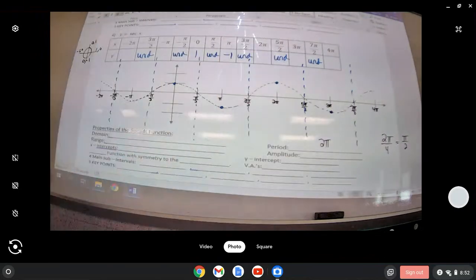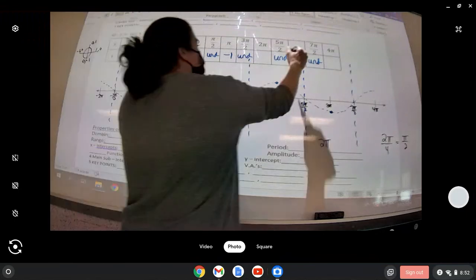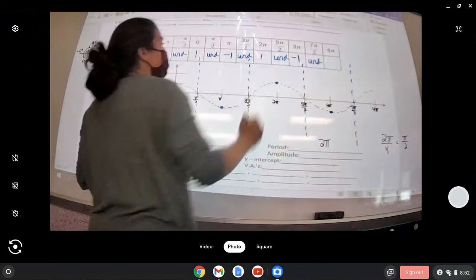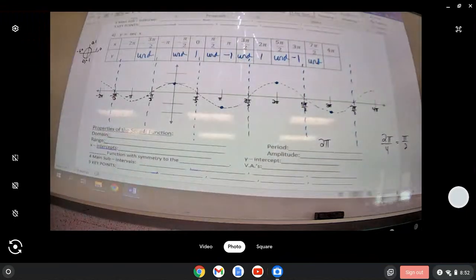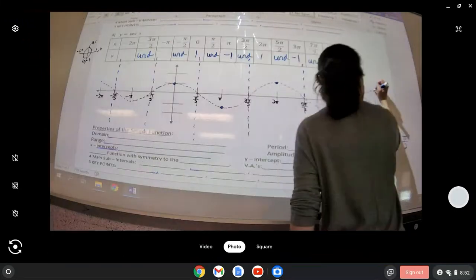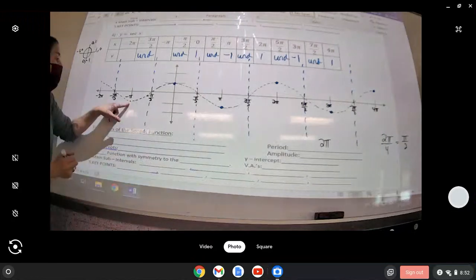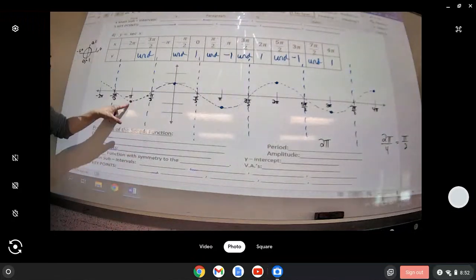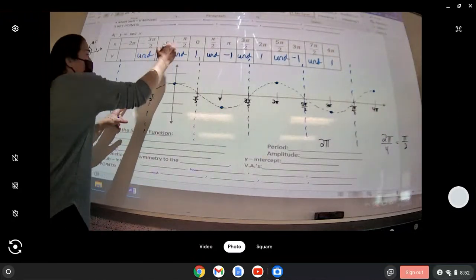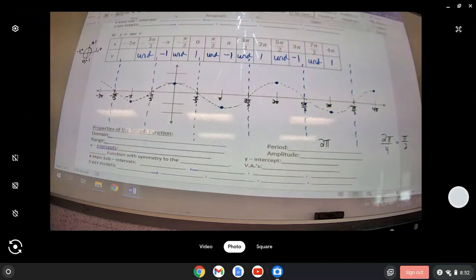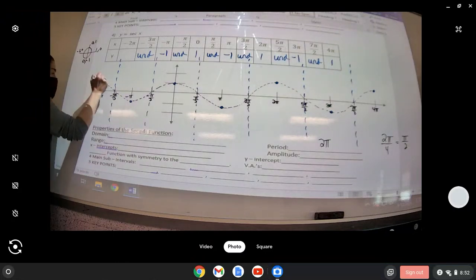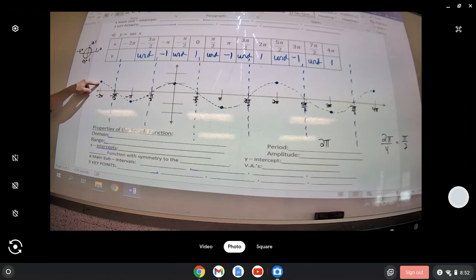The reciprocal of -1 is -1. So that'll still be a point on the secant graph. And the same thing here, 4 pi, 1, that'll still be a point. All right? The point -pi, -1, the reciprocal of -1, guys, is -1. So that's still going to be a point on the secant's graph. -2 pi, 1, the reciprocal of 1 is 1. That's still going to be a point on the secant's graph.